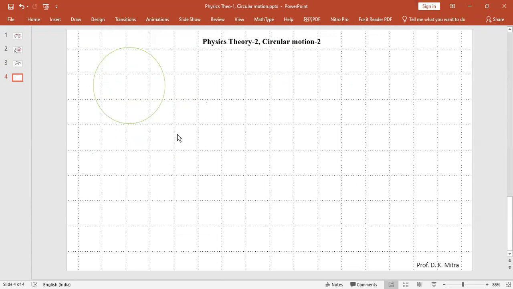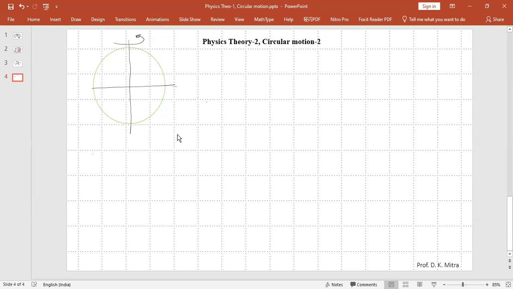Now, if you consider this is the earth and this is the equatorial line, and this line goes through the North Pole and South Pole. So the earth is continuously rotating like this on its axis.